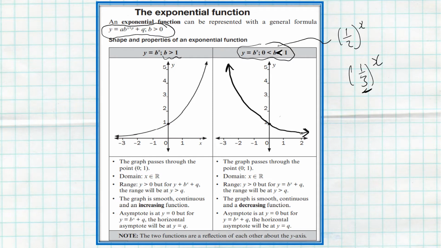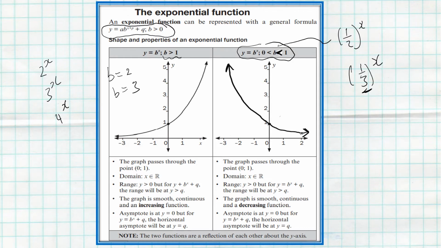So that's the shape of the graph. But how do you really identify the shape looking at b, right? So if you check the first graph where your b must be greater than 1, it's mostly where you find your b is equal to 2, b equal to 3, like that, where you have your exponential function as 2 exponent x, 3 exponent x, 4 exponent x, like that, right?